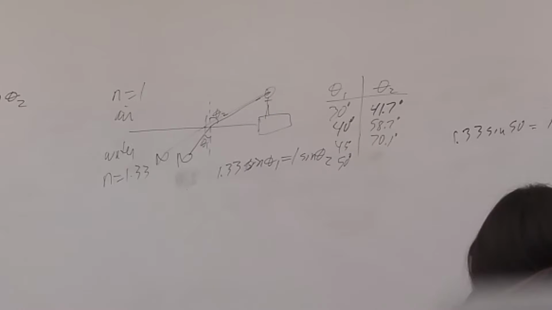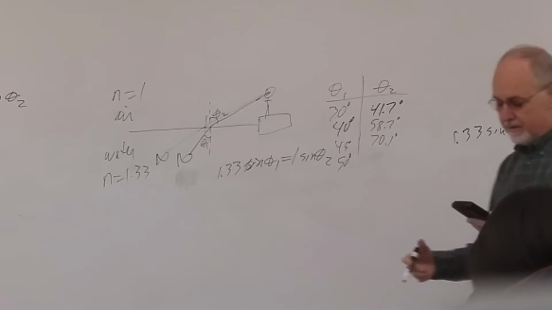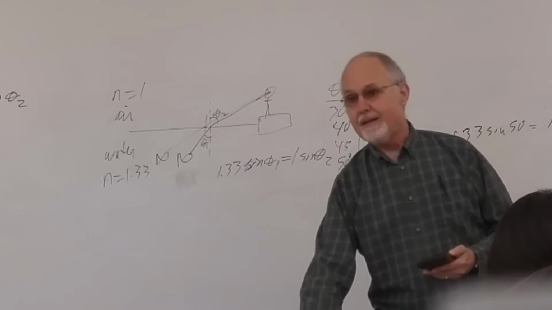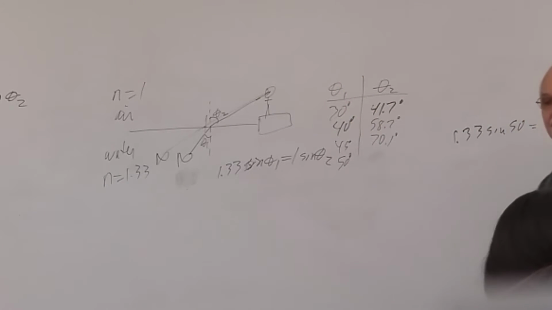But you can't have a sine bigger than 1. They don't exist. Again, some calculators will give you a complex type of answer for that. You could put it in complex form, but it's not a real number.